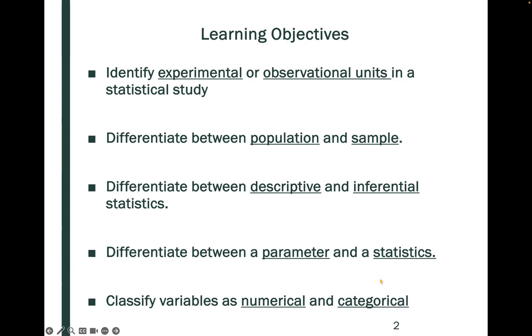So before we go into some examples, I'd like to briefly go over the definitions of the underlined items in the learning objectives, just to make sure that we're on the same page going forward.